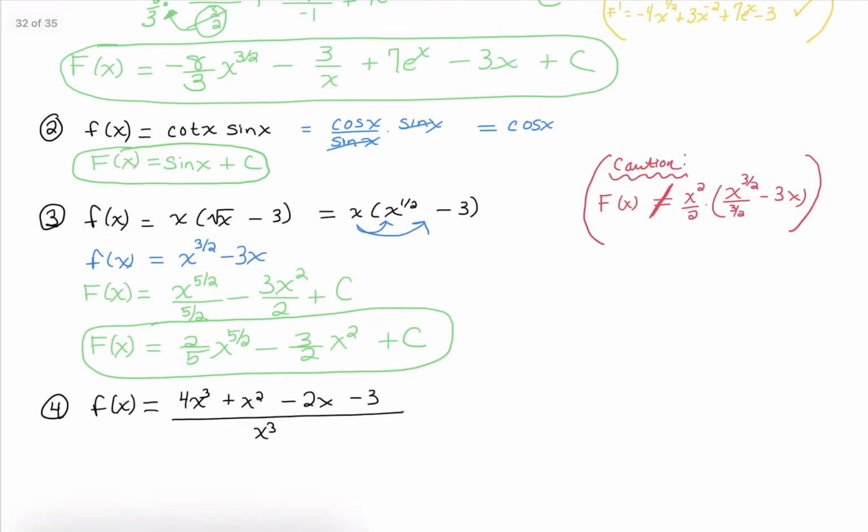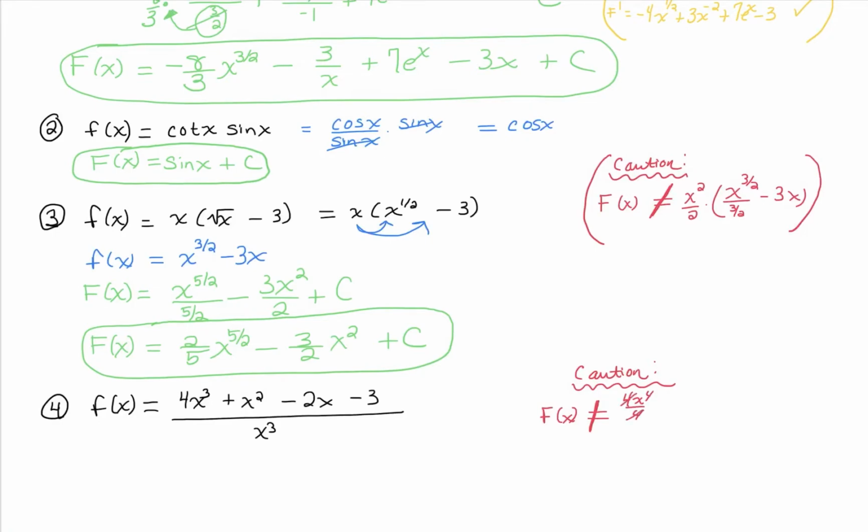All right, so again, my caution. What you cannot do, we are not allowed to take the antiderivative of a quotient as the quotient of the antiderivatives. So this is not going to be, oh, good old power rule.